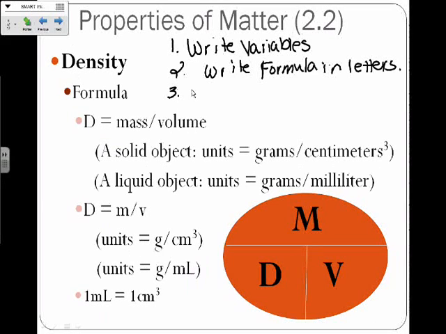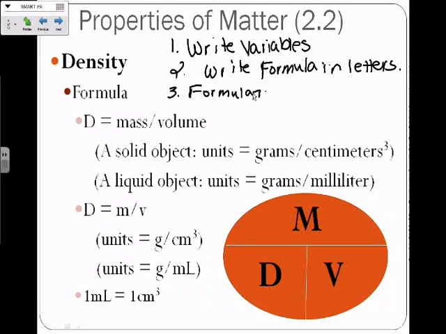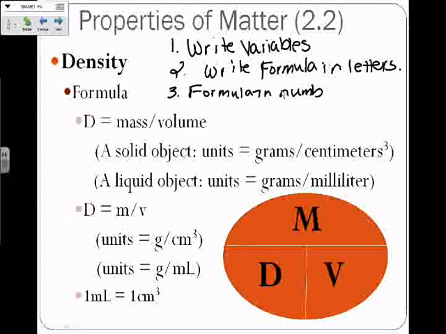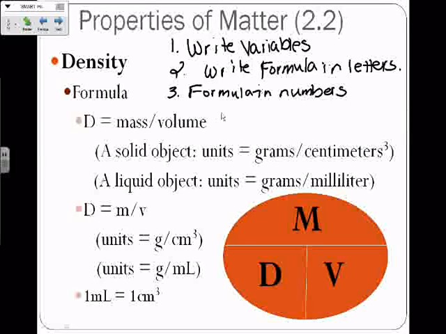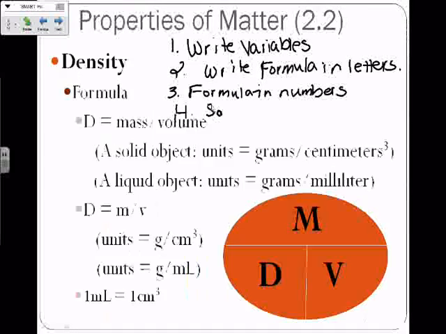Now the third step, you're going to write your formula in numbers. So write your formula in numbers. And then your last step is going to be solve with units.